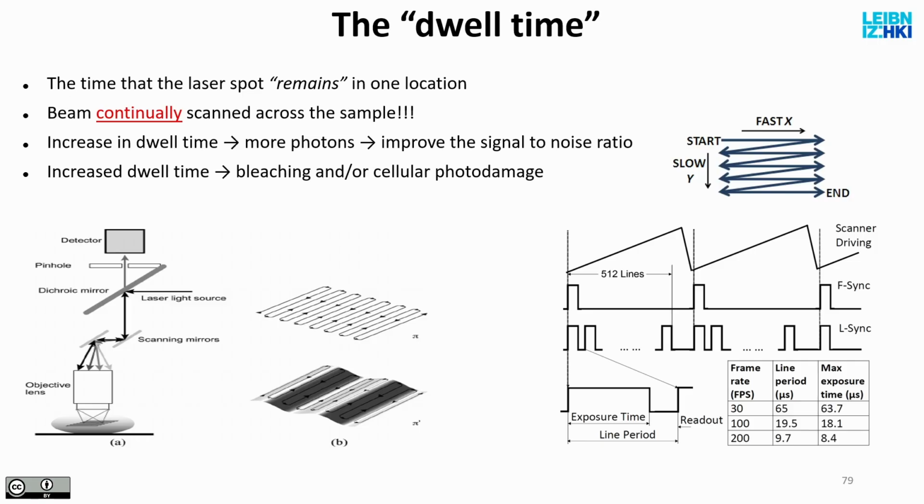And the scanning goes, as I said, X and then turns around, and either you collect photons on the way back or you wait until the laser beam comes back to the left side and then detect only left to right. This is called one-directional and two-directional scanning. Obviously, the two-directional scanning or bi-directional scanning is almost twice as fast because you don't have to wait for the beam to come back to the left.